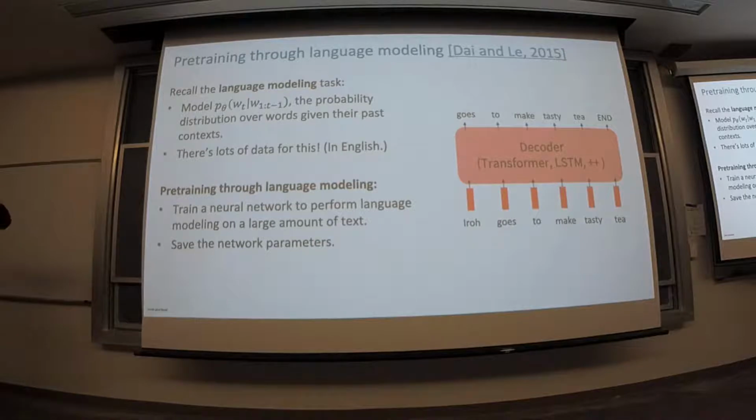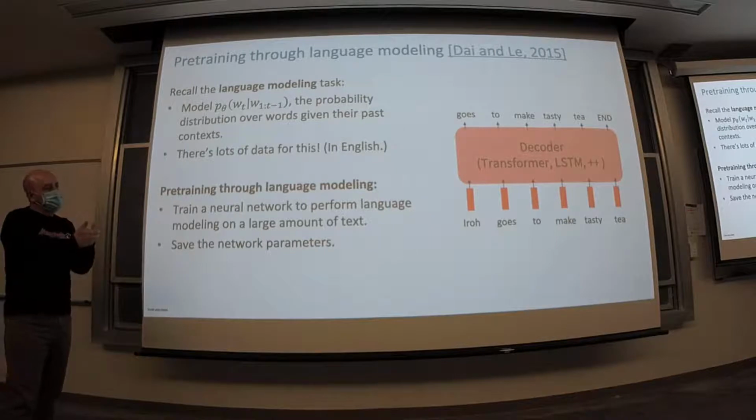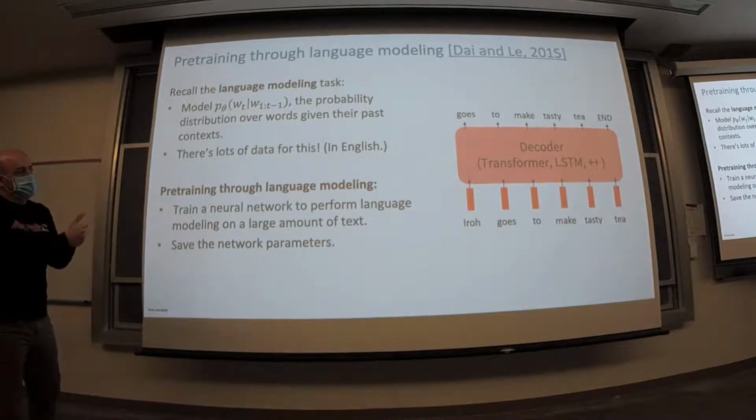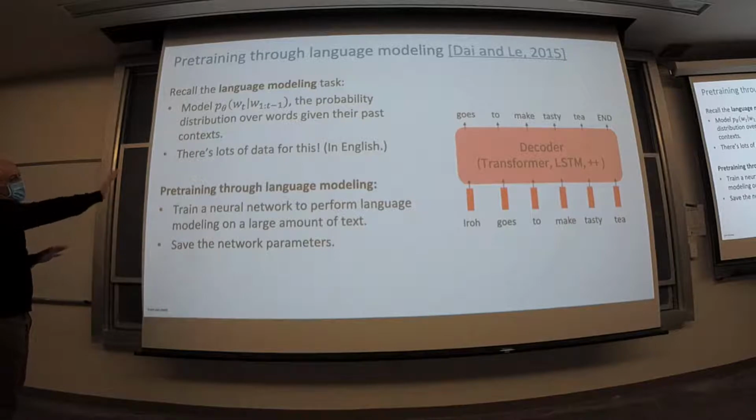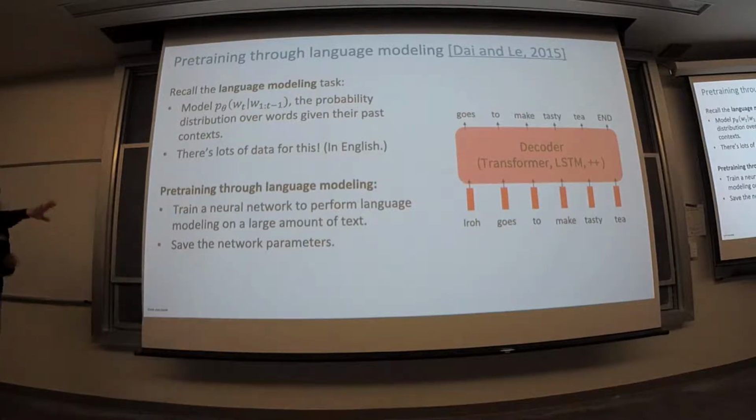What we're going to do is pre-train some kind of transformer that's going to learn the distribution of language, attempt as well as we can to learn the full distribution of language, and then we'll use the embeddings for those words to do these other tasks through a process of fine-tuning.